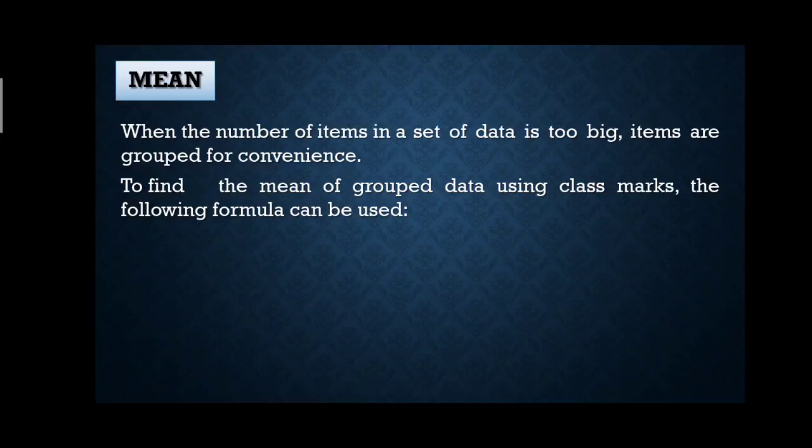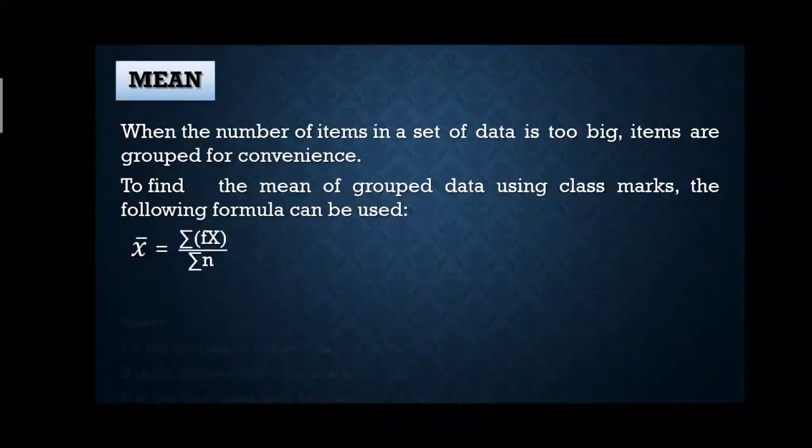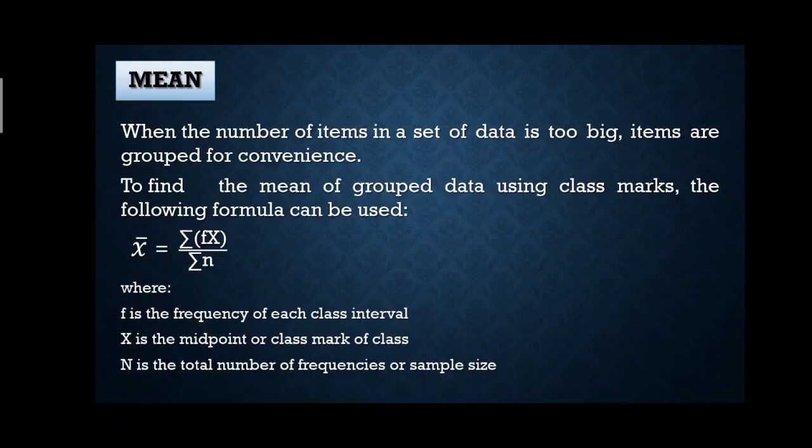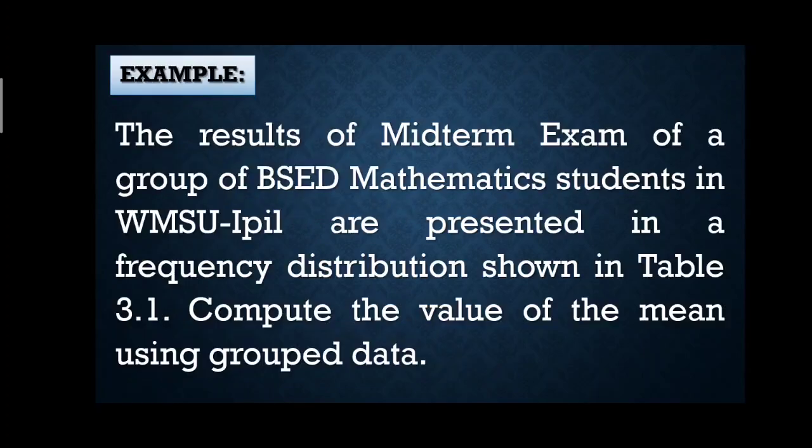To find the mean of group data using class marks, the following formula can be used. Mean is equal to summation of f times x all over summation of n, where f is the frequency of each class interval, x is the midpoint or class mark of the class, and n is the total number of frequencies or sample size.